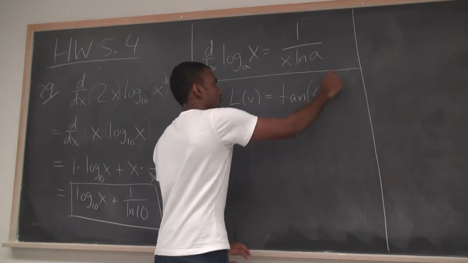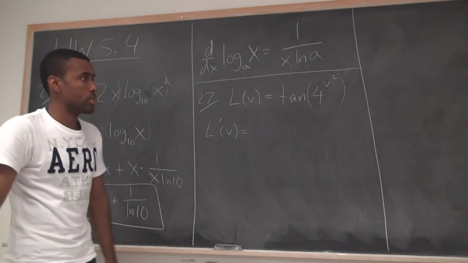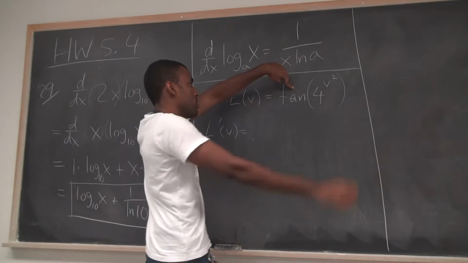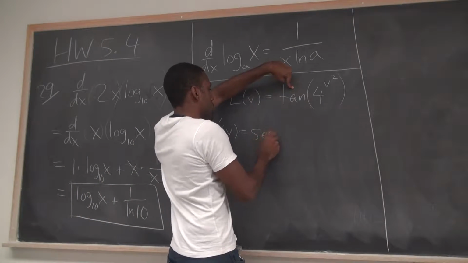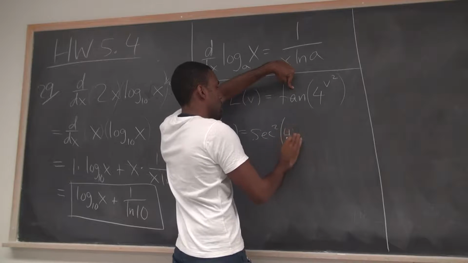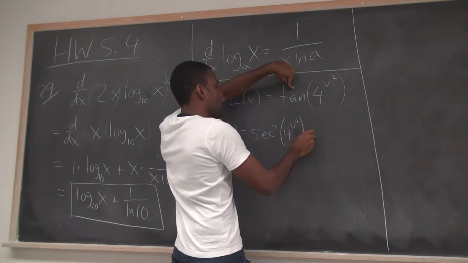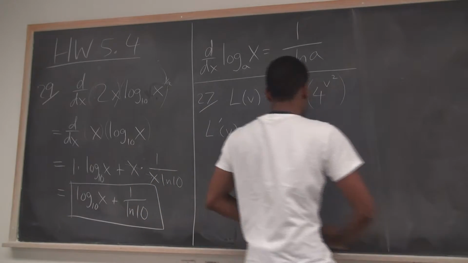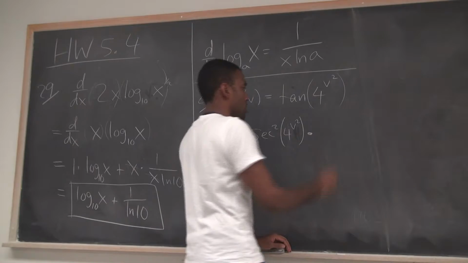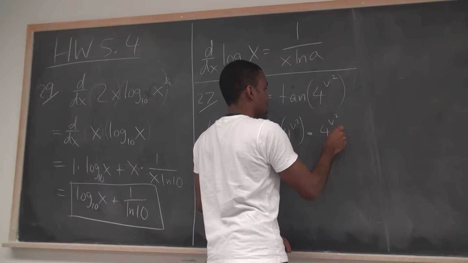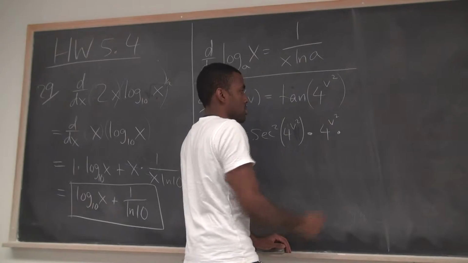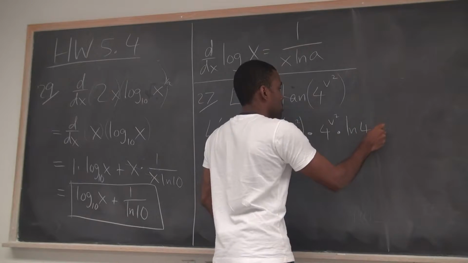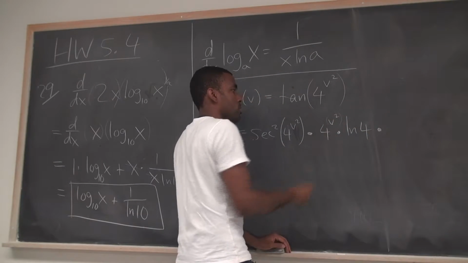Chain rule. So we have an inside function and an outside function. The outside function is tan, its derivative is secant squared. You leave the inside function intact. Multiply by the derivative of the inside function, which is, put the original back, times ln of 4 times the derivative of the power.